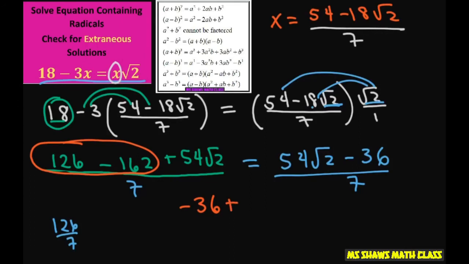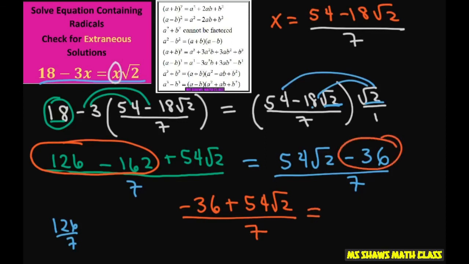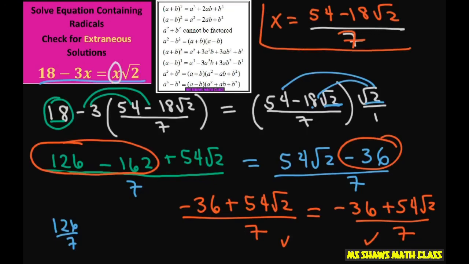So we have plus 54 square root of 2 divided by 7 equals, and if you want you can write that first, negative 36 plus 54 square root of 2 divided by 7. Since the left-hand side equals the right-hand side, this is our solution here. It does check out. It does work.